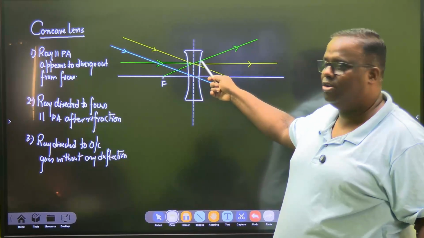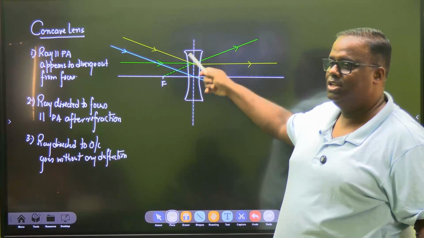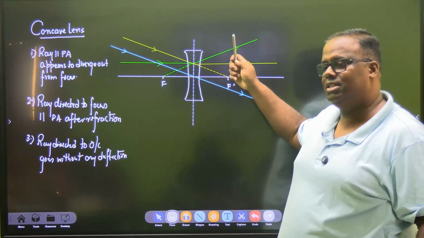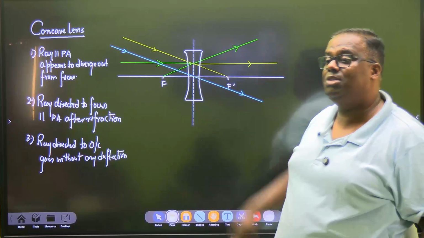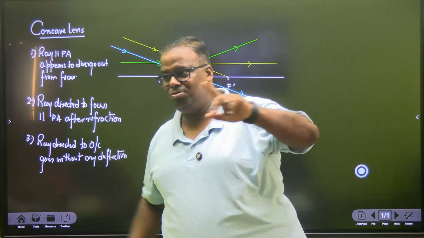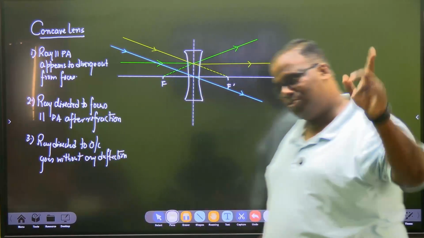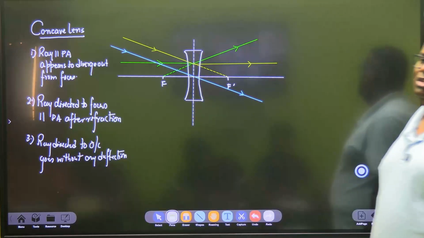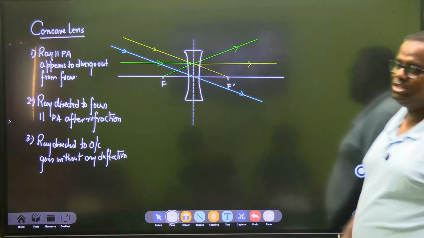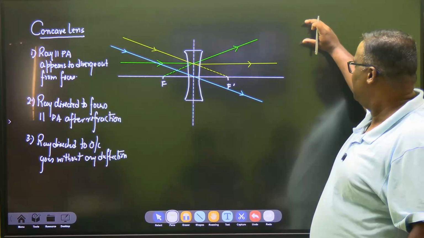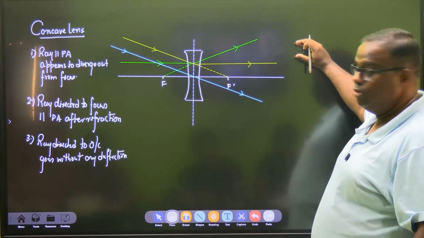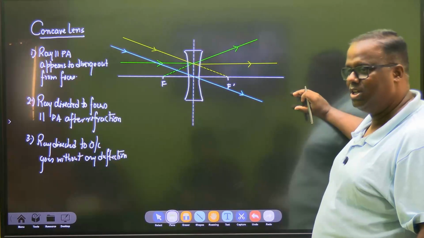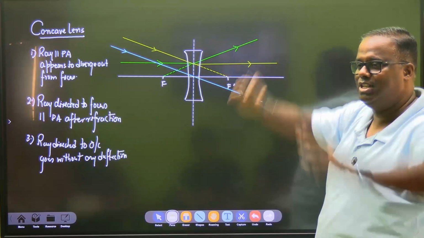Whereas a concave lens flattens out on this side, so the rays always follow the flatter side. A prism is flatter at the base. A convex lens is a combination of a half trapezoidal prism and an inverted half trapezoidal prism.